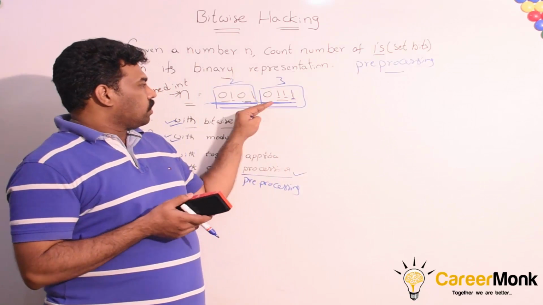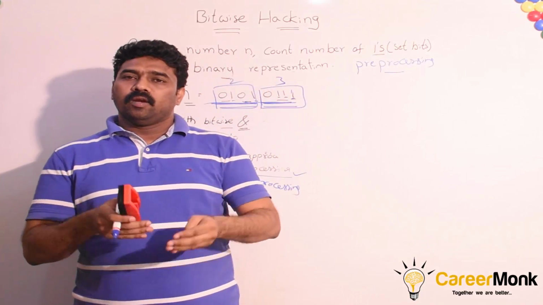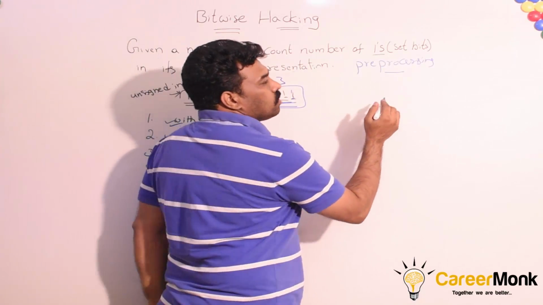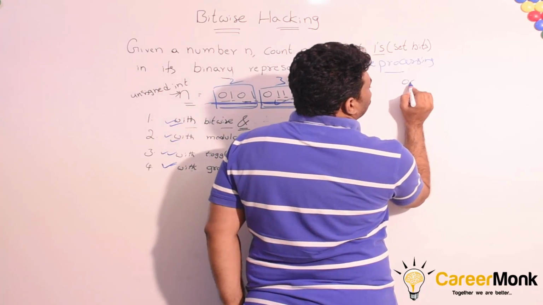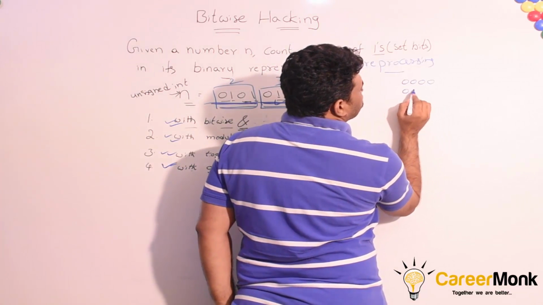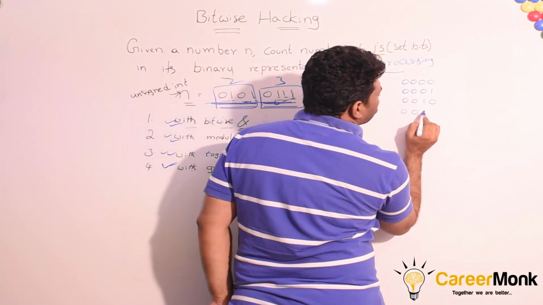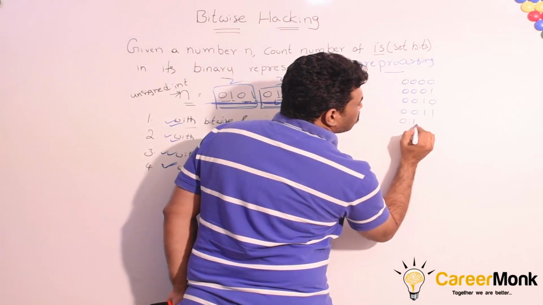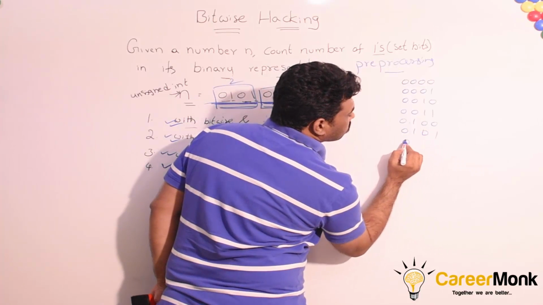So instead of checking each bit at a time, we'll be checking 4 bits at a time, and we do some pre-processing for 4 bits. For 4 bits of zeros and ones, how many total possibilities are there? 16, right? So for 4 bits we have a total of 16 possibilities.